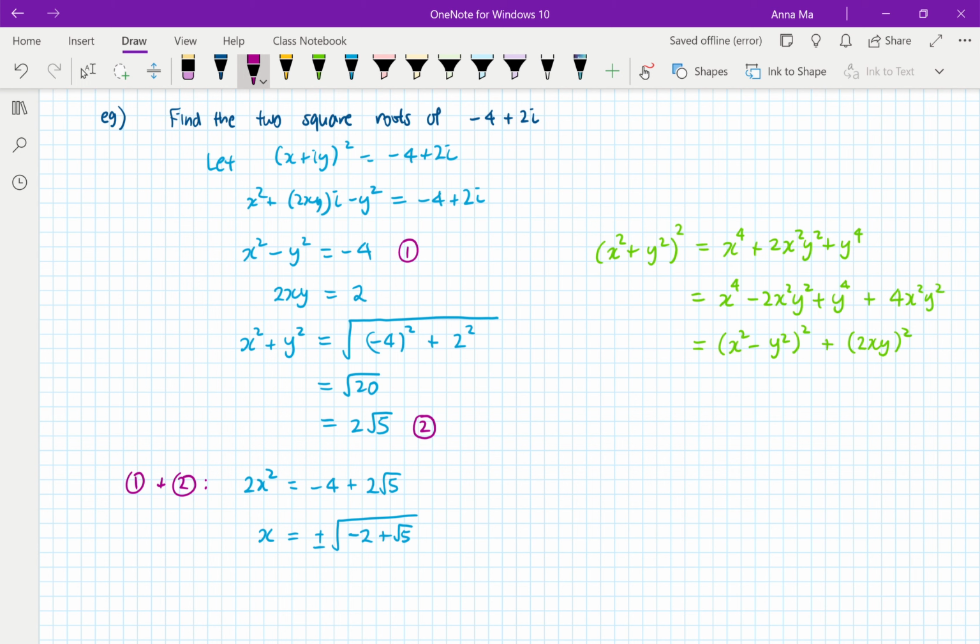And similarly, I can do equation number 2 minus equation number 1 and eliminate the x's. And now I'm going to get 2y squared is equal to 2 root 5 plus 4. And again, dividing both sides by 2 and taking the square root, I would get plus minus root of root 5 plus 2.